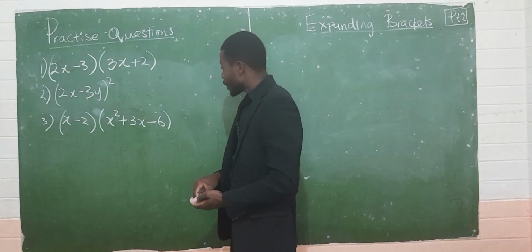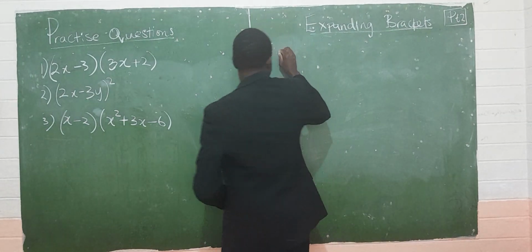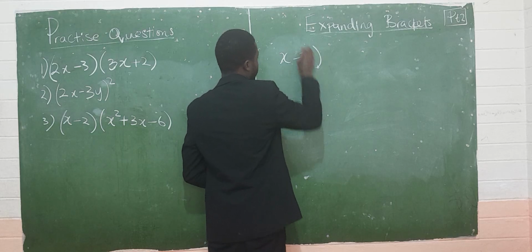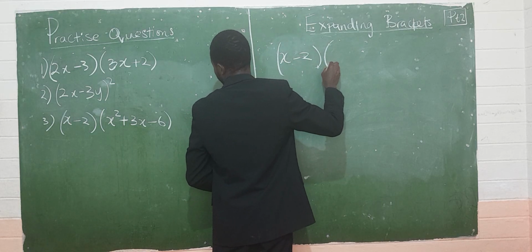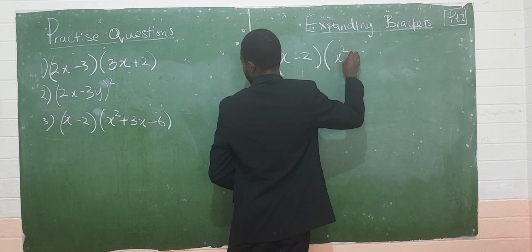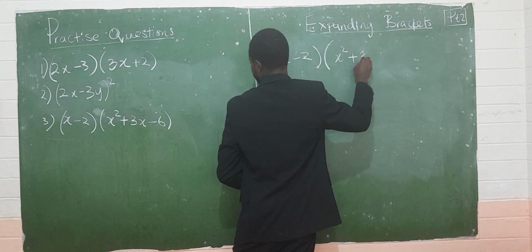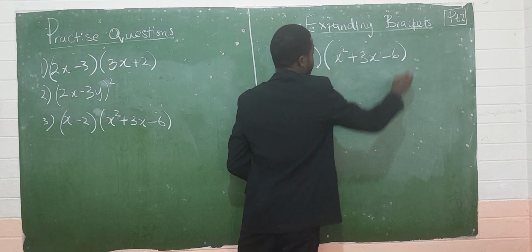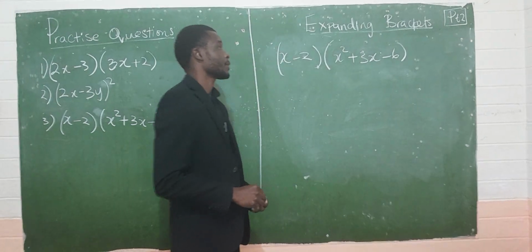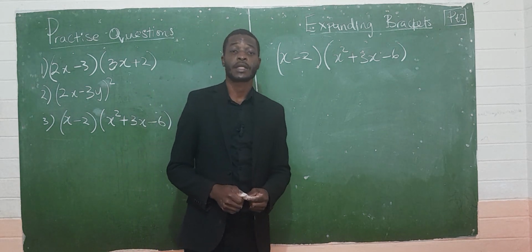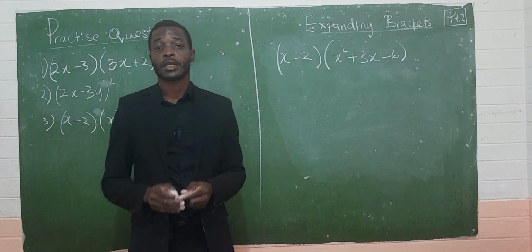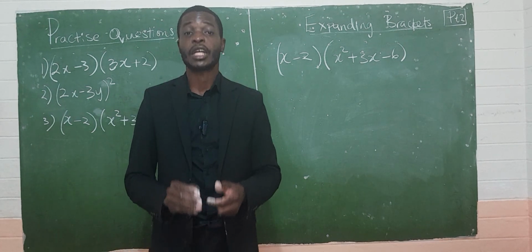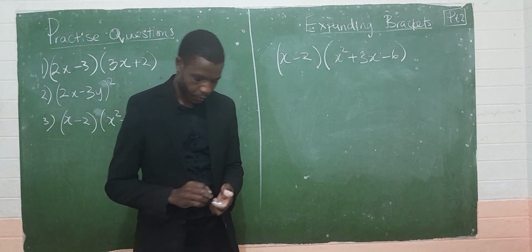Okay, there we have x minus 2 in bracket multiplying x squared plus 3x minus 6 also in bracket. And our assignment is still the same. Expand the brackets. In other words, remove the brackets.